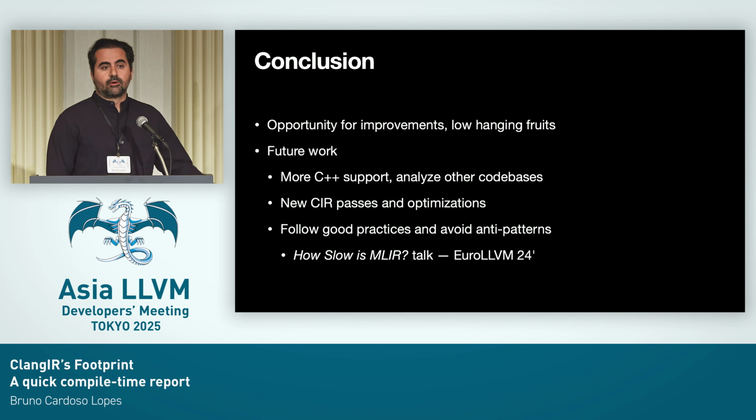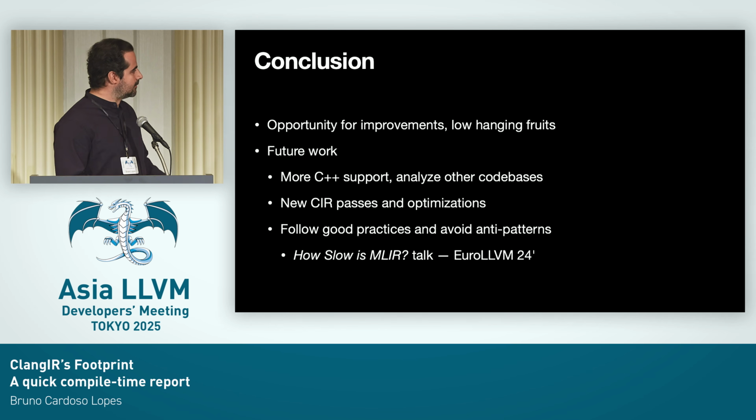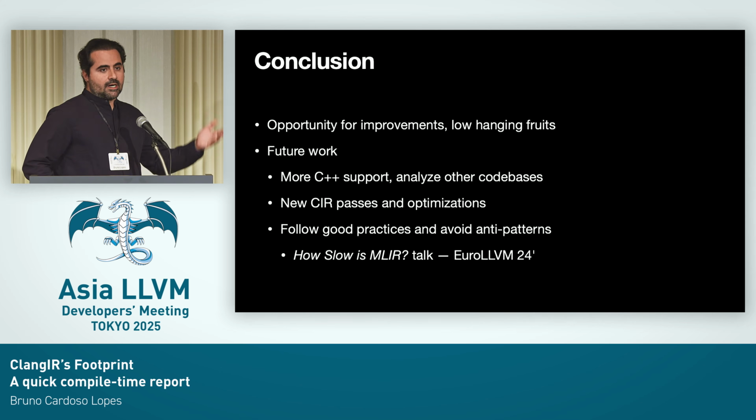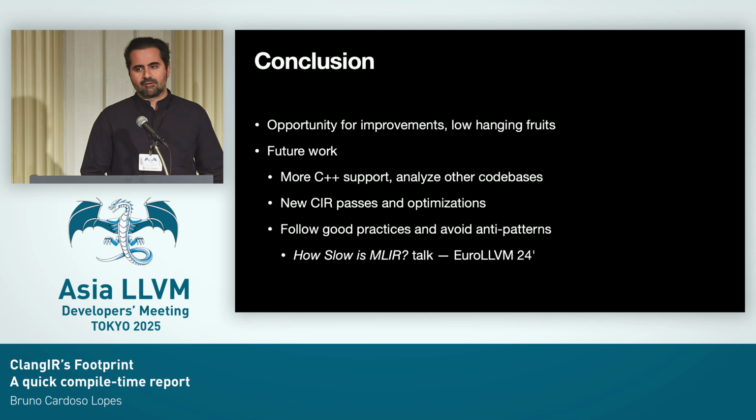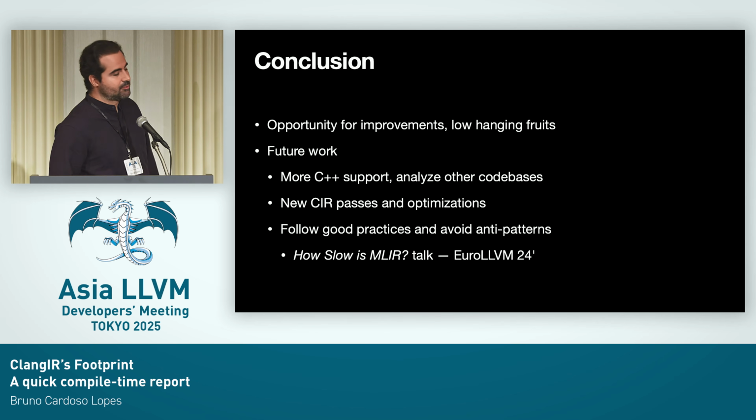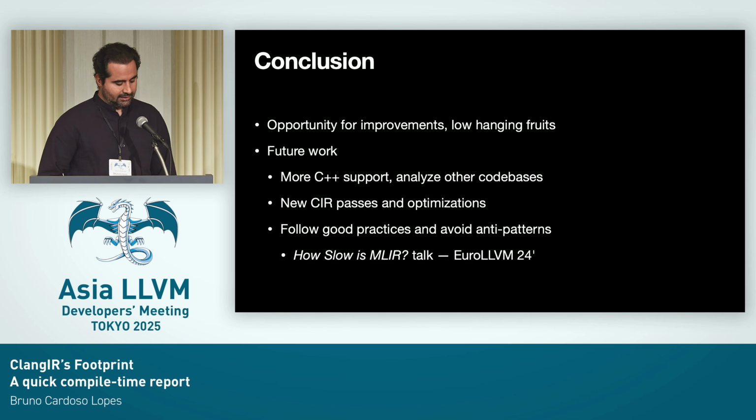And as we actually go about writing analysis and transformations on top of C and C++ things, I would expect our pipeline to take longer on the optimization side as well. There was a recent talk a year ago about some good practices to avoid doing slow things in MLIR, and we probably should take a look at those and see if we're not infringing any of those things.